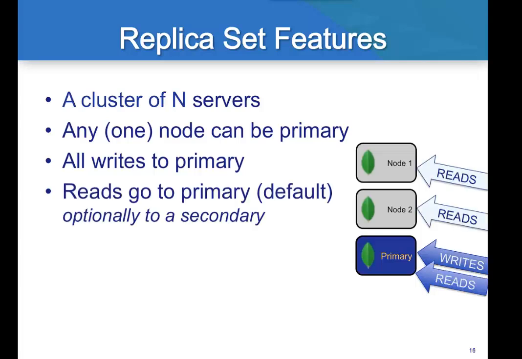By default, the reads go to the primary node. And that way you get a lot of useful benefits, including that you get your own writes guaranteed. Optionally, if you like, you can send your reads to the secondary node.